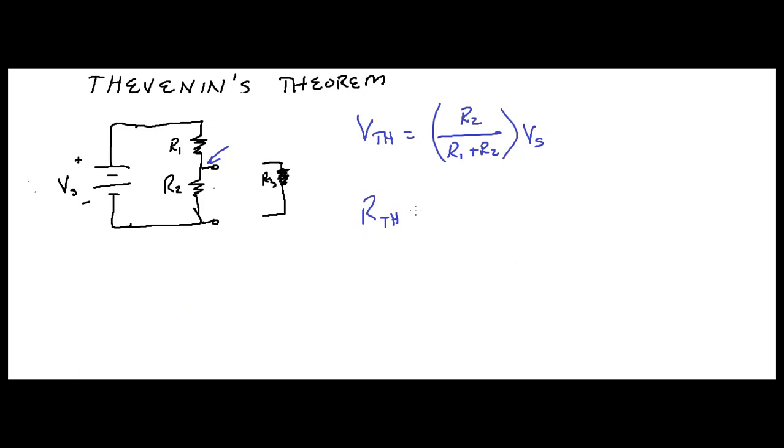Now, how about your Thevenin resistance at that point? Well, obviously we have to do something. We're going to have to take the source out of the picture, right? Then we're going to have to replace where the source was with a wire, which remember it's the source resistance, which is very small.